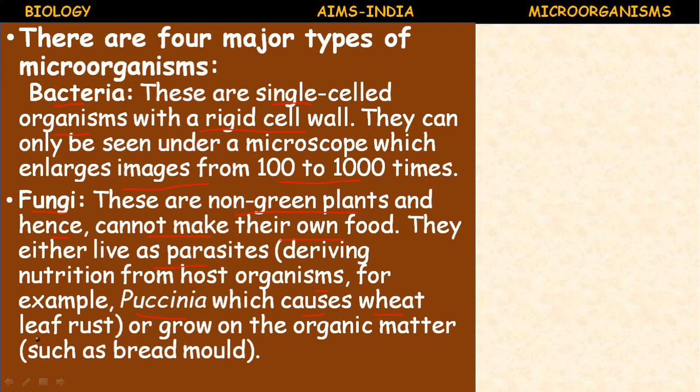The disease name is leaf rust disease. Leaf rust of wheat is caused by a fungus, Puccinia graminis. Or some of the fungi grow on organic matter such as bread mould.